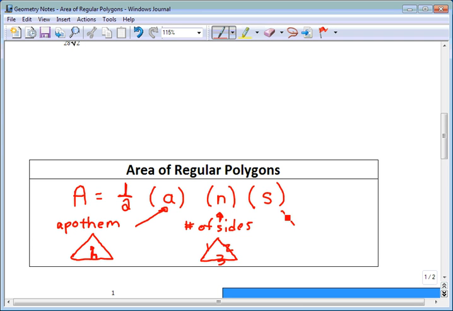And S stands for our side length. So that's something that would likely be identified in the problem for you. So if you saw 5 inches labeled, that would be your side length. Now we'll see in just a moment that sometimes we have other things labeled and we have to solve for side length.